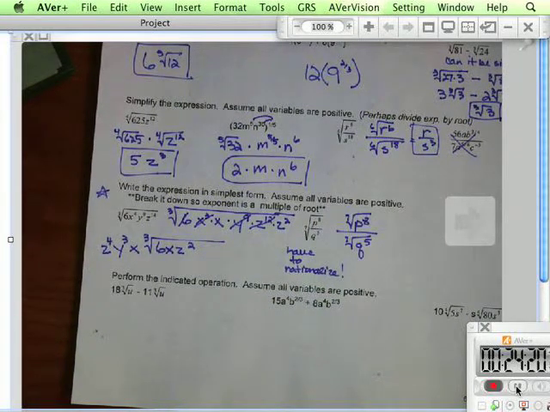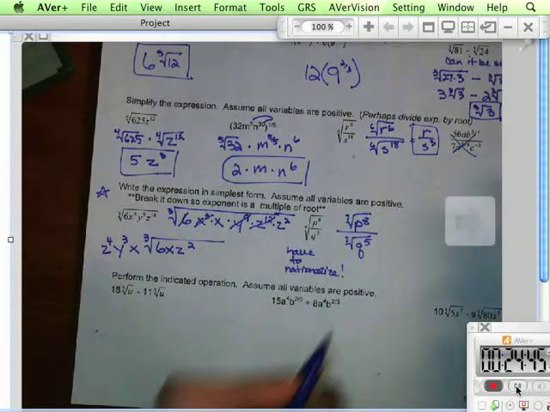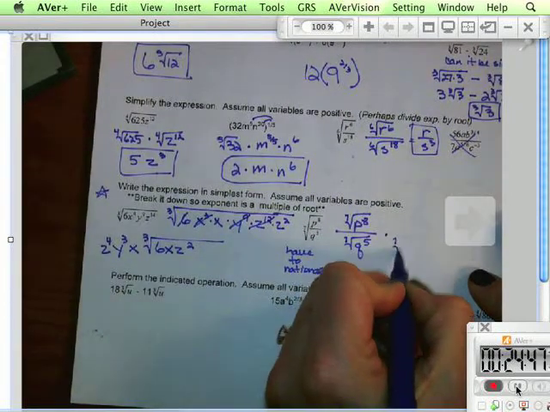It's a 7th root, but I only have 5 here. Well, what can I multiply by to get this exponent to 7? Q to the 5th times q to the what? Squared.